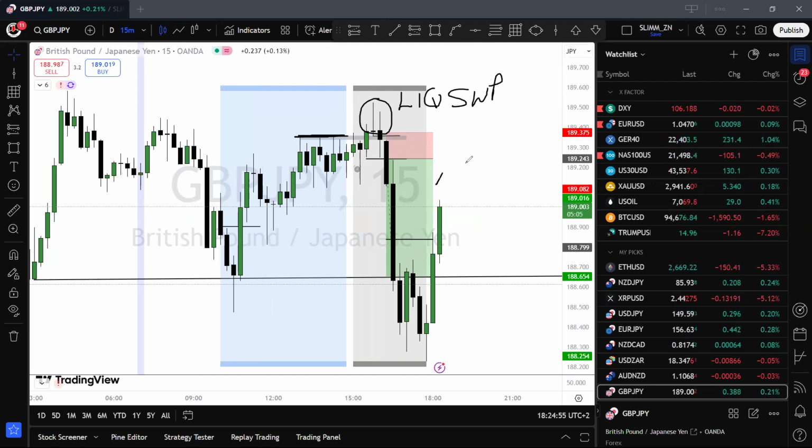So a liquidity sweep, if price is coming to the high, let's say you've got equal highs here, will look something like this. Price will just come above here, then immediately come back down. And usually they will throw a doji here or a pin bar. One of those two candles will just solidify that liquidity sweep.